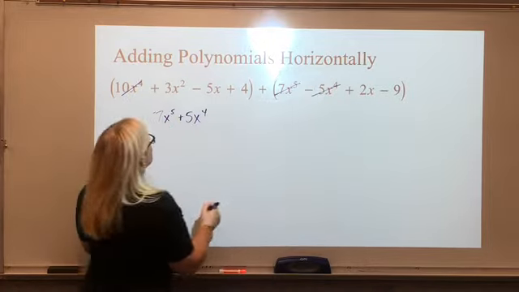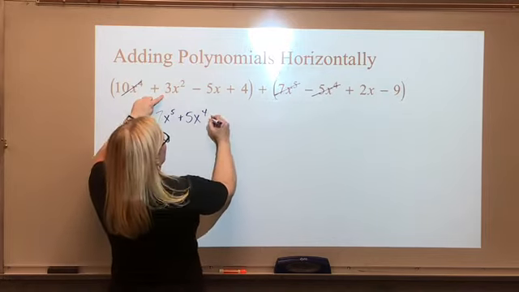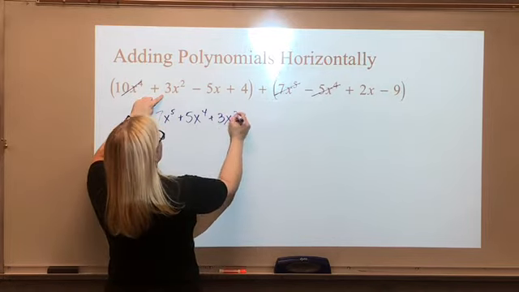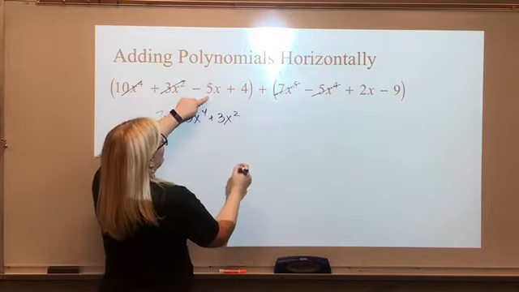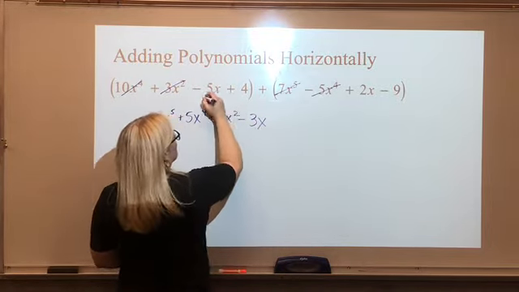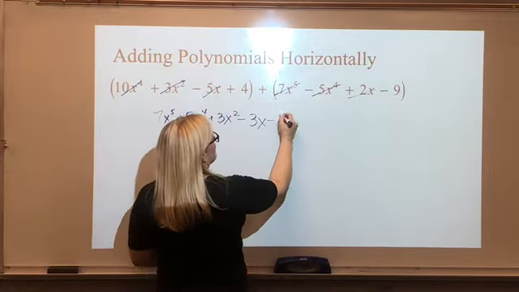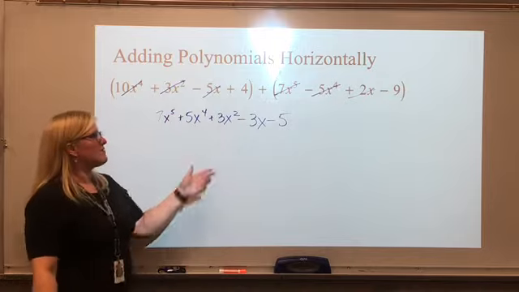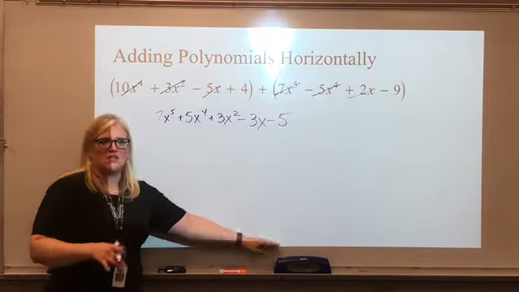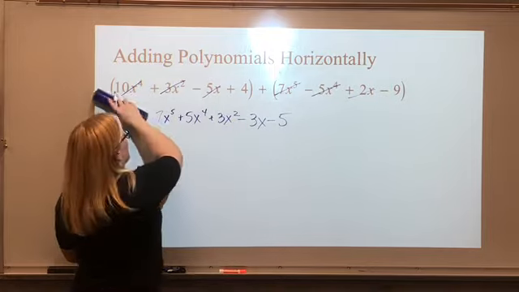Any x cubes? Nope. But I've got a 3x squared. That's going to go next. Then I've got negative 5x plus 2x is minus 3x. And then finally, 4 minus 9 is minus 5. Okay? So that's just quickly how we would do that going in a horizontal direction.